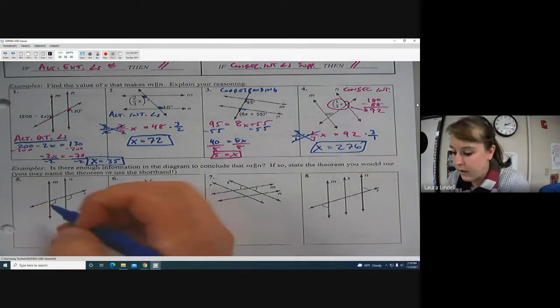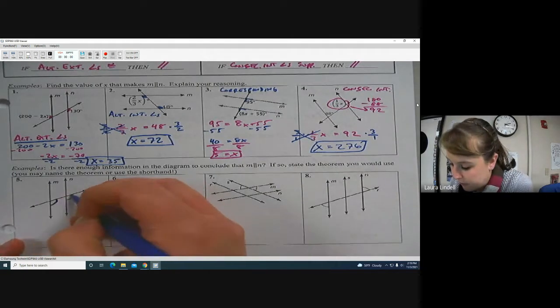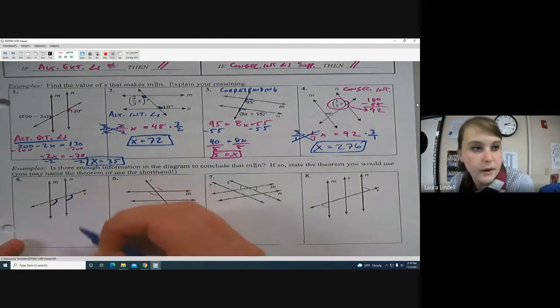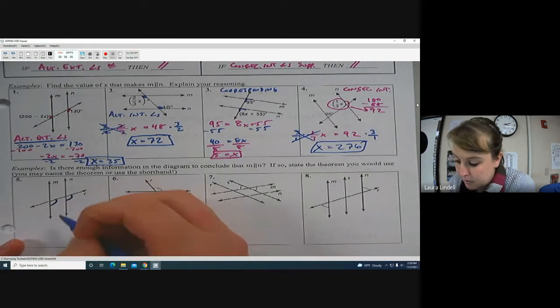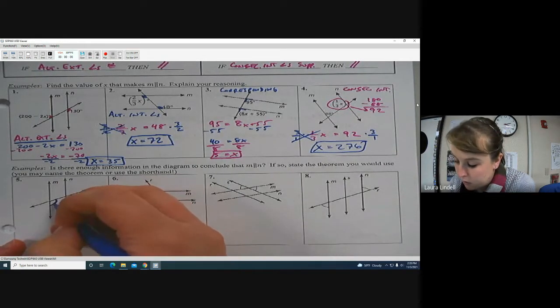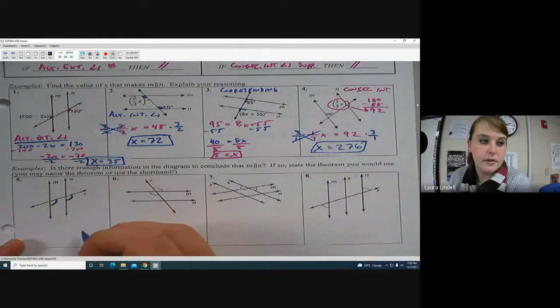For number 5 here, we've got this angle and this angle right here. We know those are congruent. So thinking about my angle relationships, this one's a bottom right corner for this group. This one's a bottom right corner for this group. They're in the same position. These are corresponding angles.